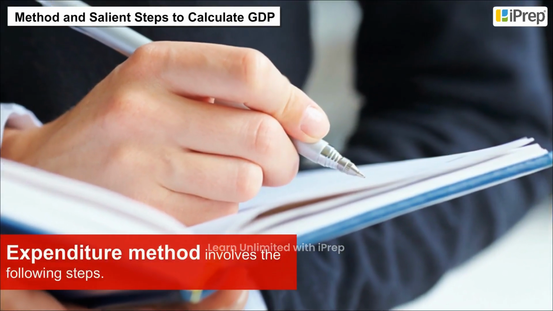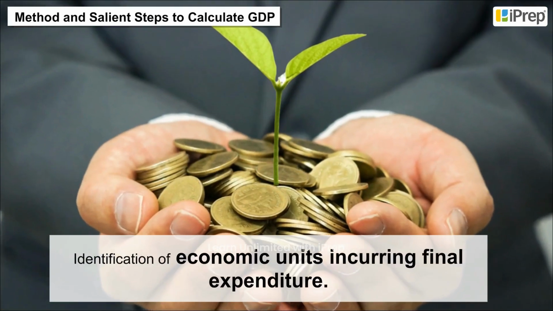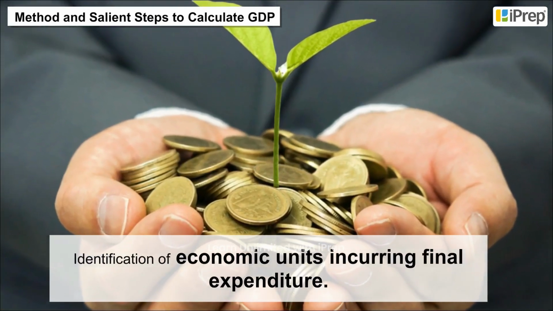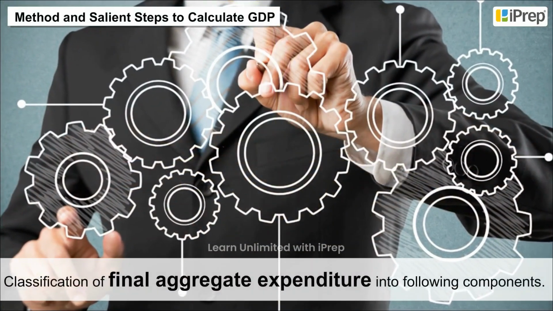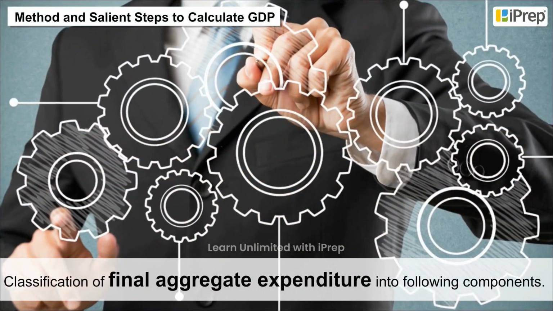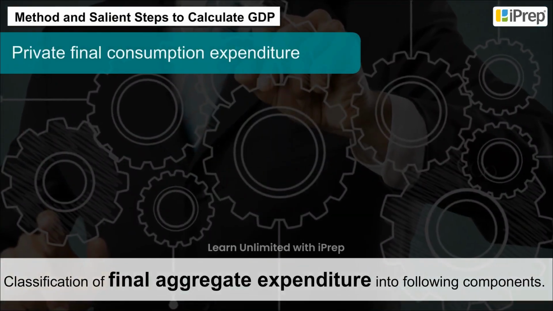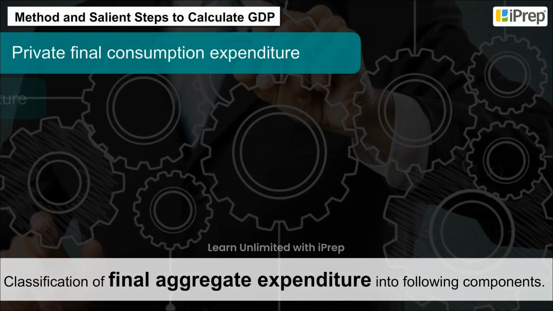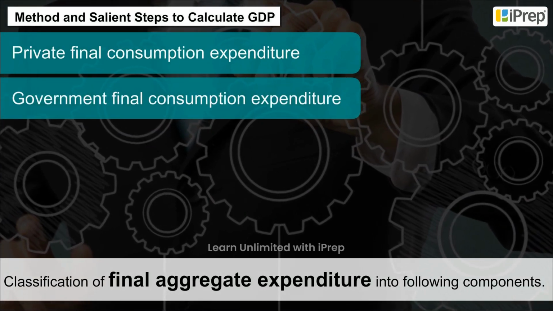Expenditure method involves the following steps. 1. Identification of economic units incurring final expenditure. 2. Classification of final aggregate expenditure into following components like A. Private final consumption expenditure. B. Government final consumption expenditure.